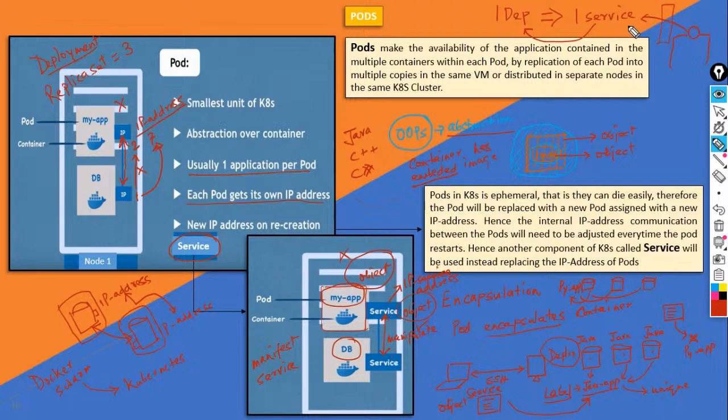You specify through the URL the endpoint of which application you want to access. That endpoint will be checked against a set of rules, and if it matches one of the rules, it will pick up the service which matches that rule, and that service will take you to that pod.